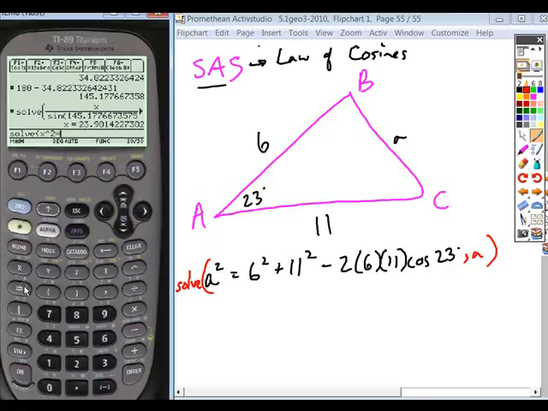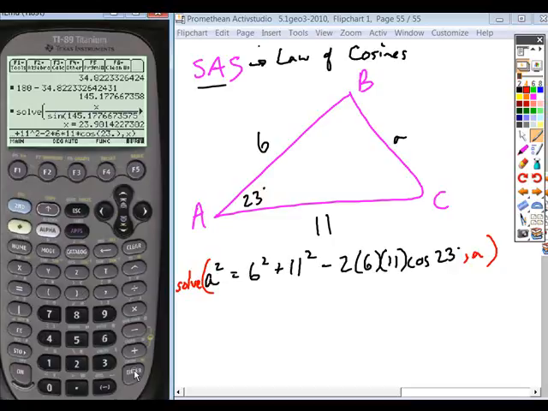But x squared is equal to 6 squared plus 11 squared minus 2 times 6 times 11 times the cosine of 23. And I'm going to put a decimal in here so that my answer is given as a decimal as well. Tell the calculator what you want it to solve for. Because I use my unknown as an x, I want it to solve for x, so comma x.